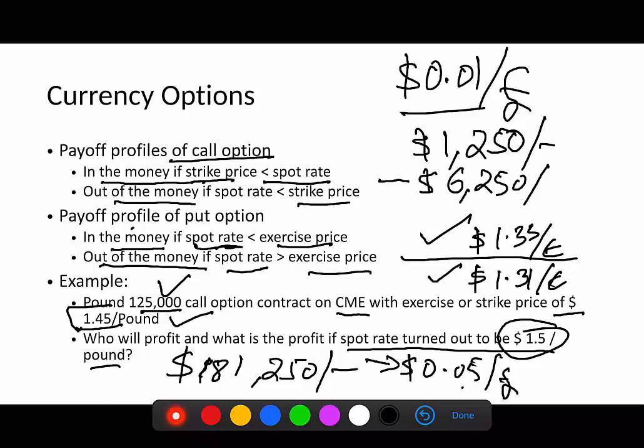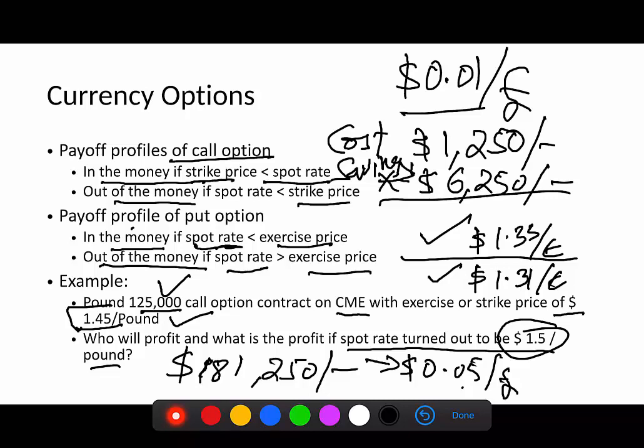$6,250. But what is your net profit? Remember, this is actually not minus. This is your cost and this is your saving because of exercising the option. So your net profit is 6,250 minus 1,250.